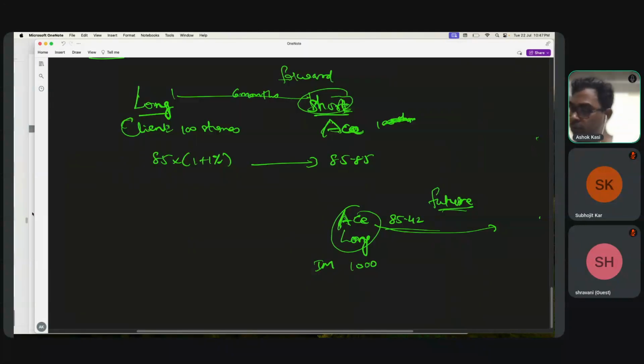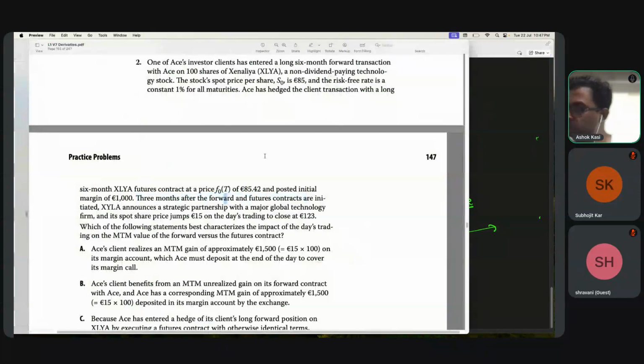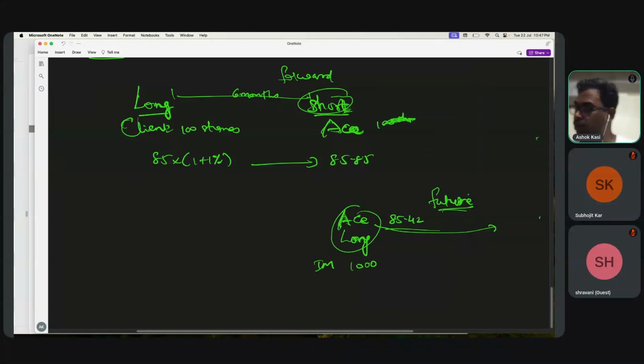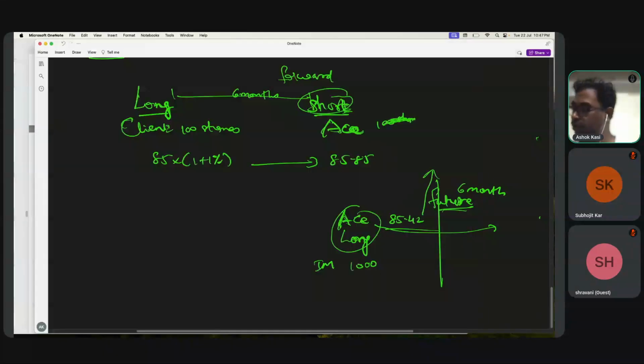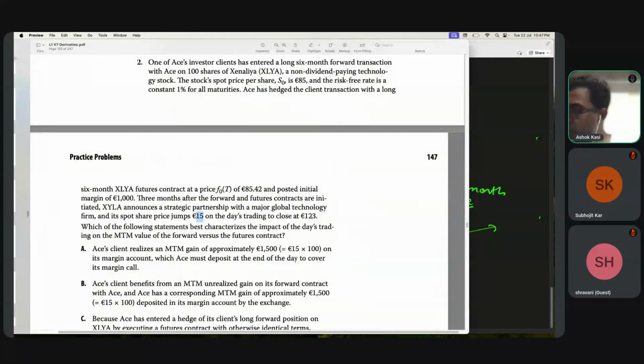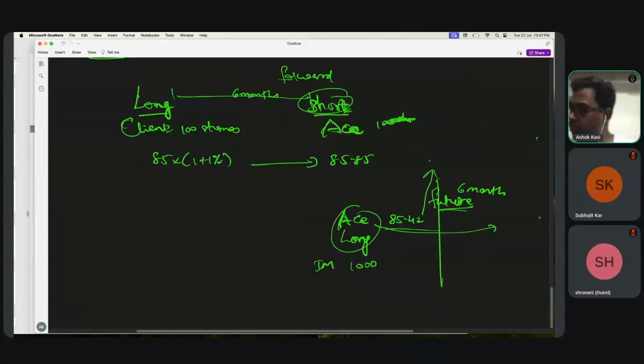This is also a 6 months future. So in 3 months, somewhere in between, the price shoots up. It is reaching 123, not plus 15.